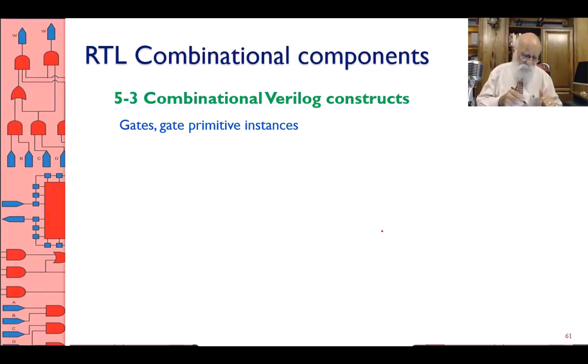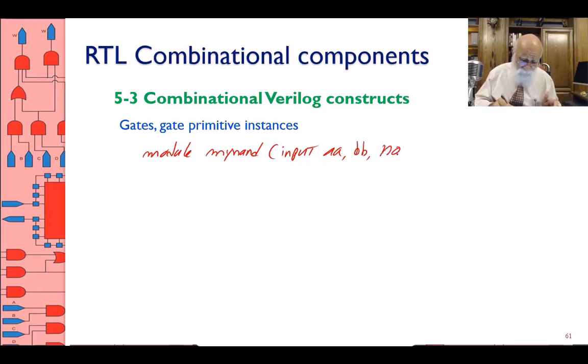Okay, for example, I can build my module, my NAND, and then input AA, BB as inputs, and then the NAND output, let's say NAO, is W. You have to say output NAO.